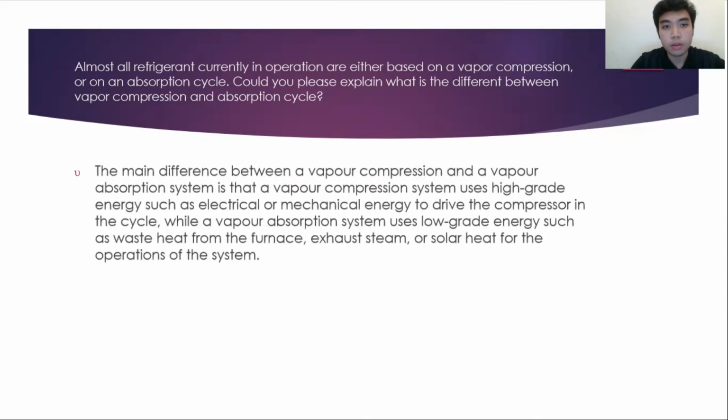The main difference is that a vapor compression system uses higher grade energy, such as electrical or mechanical energy, to drive the compressor in the cycle, while a vapor absorption system uses low grade energy, such as waste heat from the furnace, exhaust steam, or solar heat for the operation of the system.